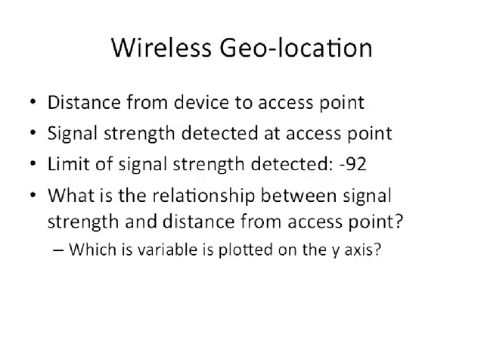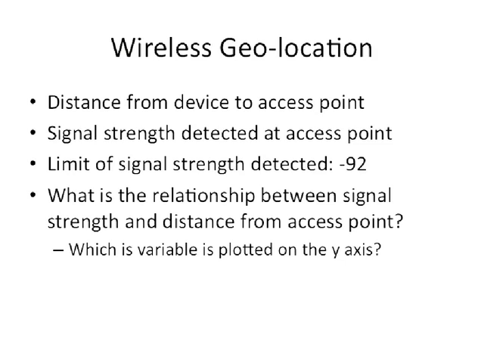Okay, here's another little scenario. In the wireless geolocation, the distance is from the device emitting the signal to the access point that's receiving the signal. The signal strength is detected at the access point, and we've discovered that the limit of the signal strength is minus 92.